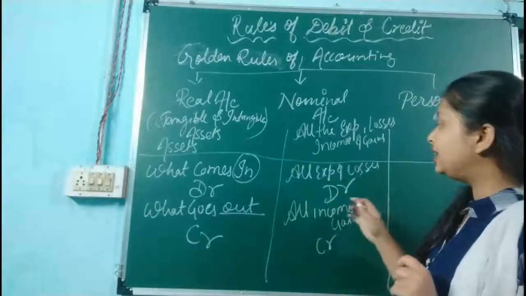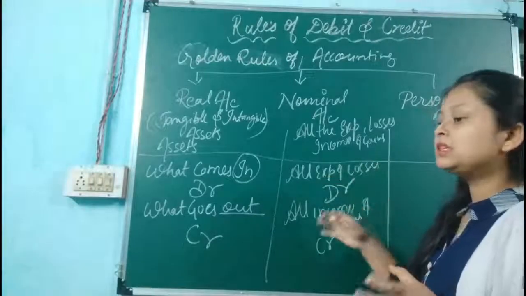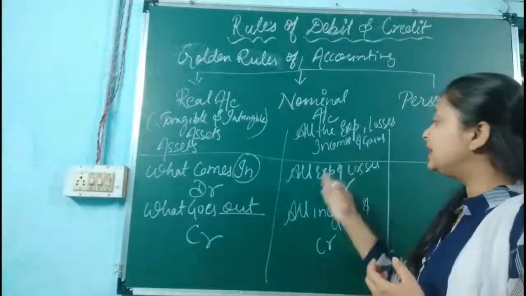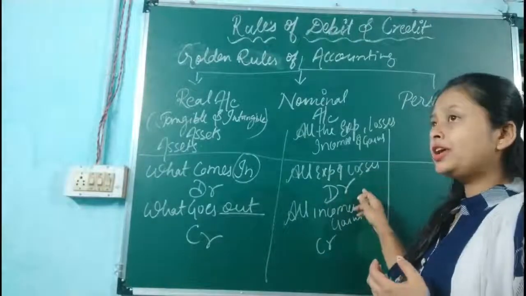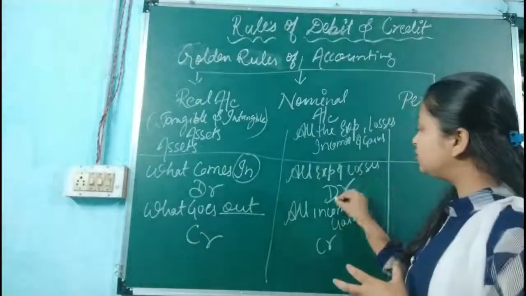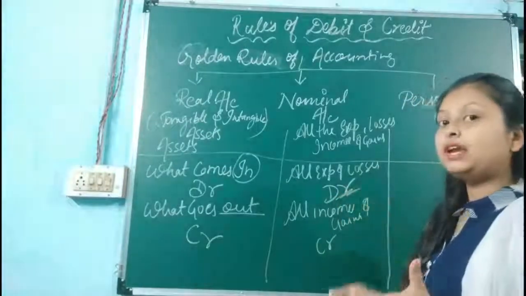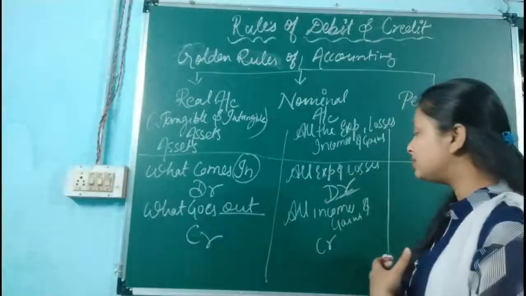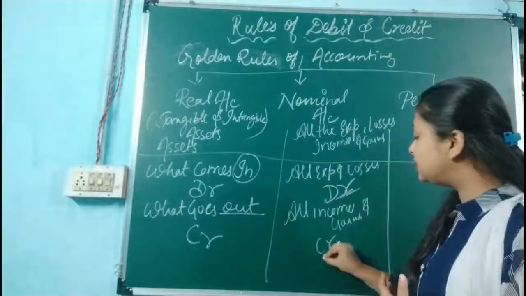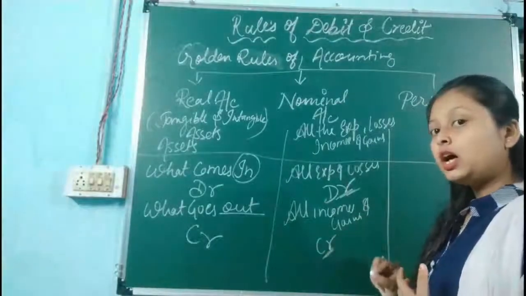If you have any doubt, you can go through that video and you will be able to understand. So whenever in an organization some expenses or losses occur, we are going to debit that, and if the firm earns something in the form of income or gain, then that will be credited to the account.